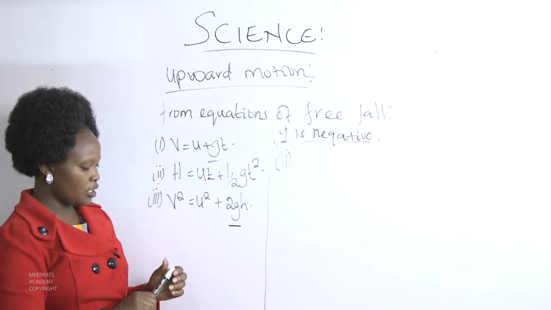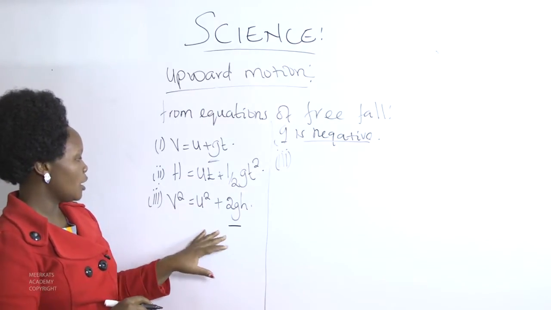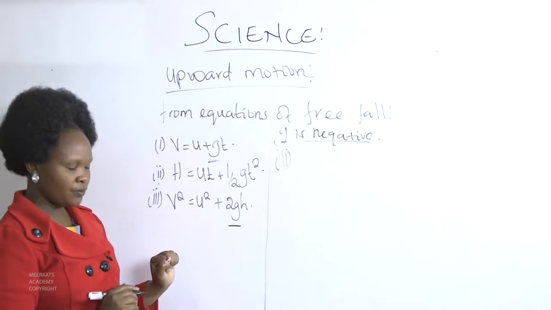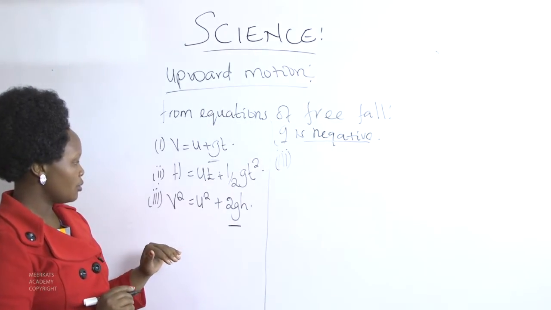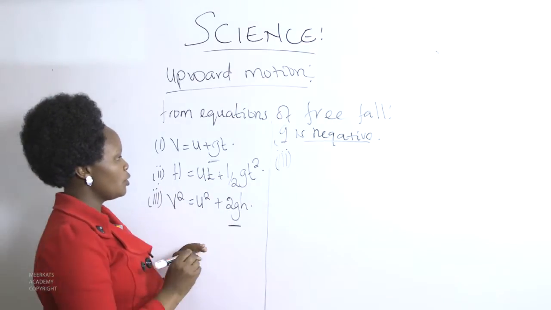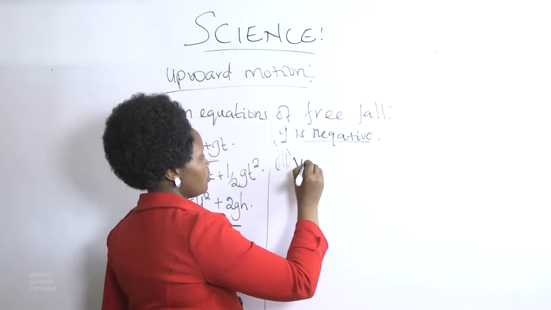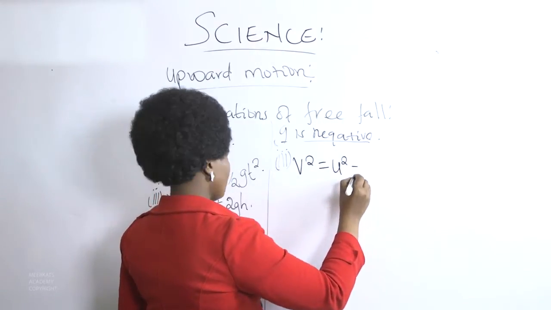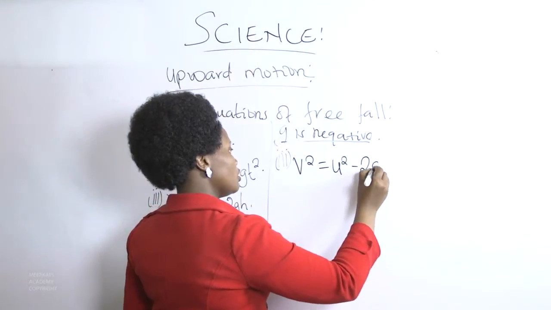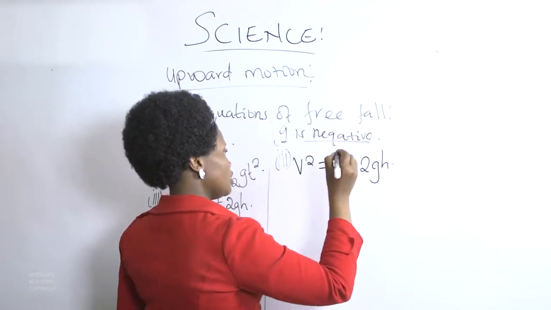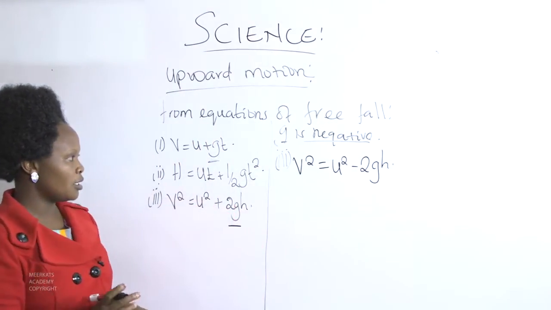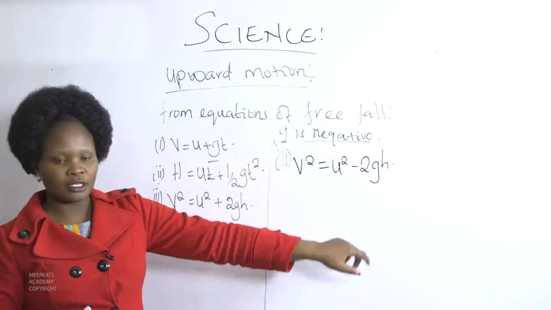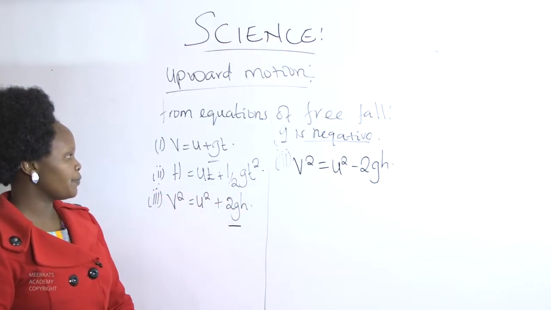Therefore, we need to do something about g. We take v squared to be equal to u squared minus 2gh, minus because g is negative in our case here.